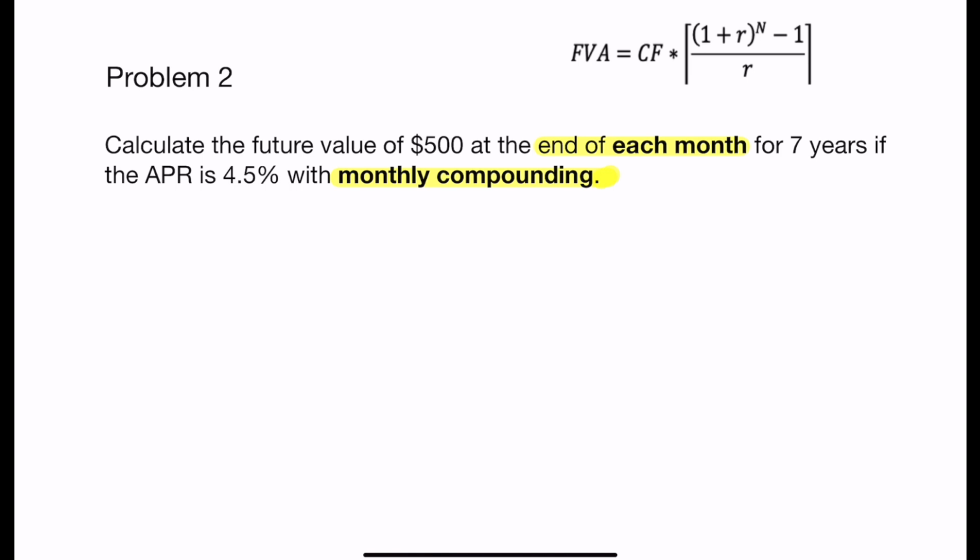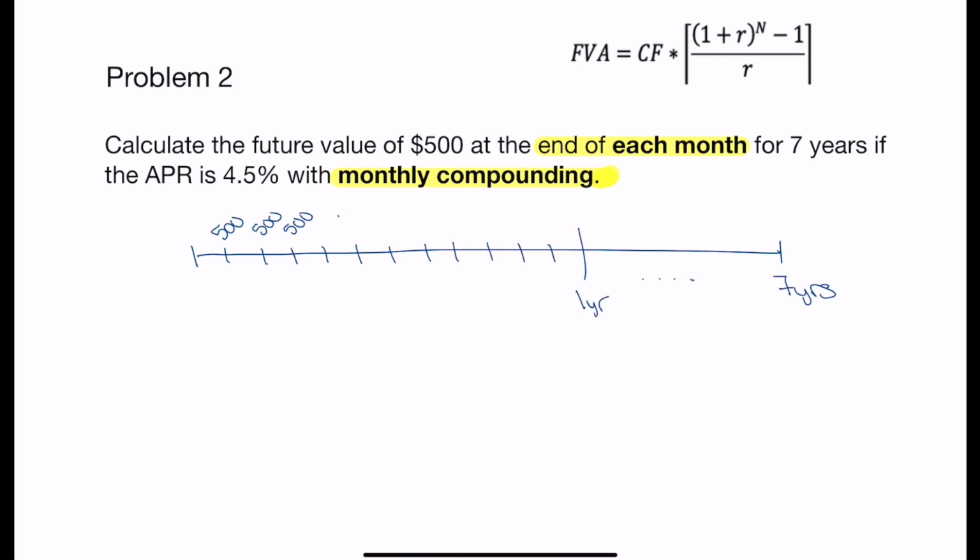If I think about a timeline that's zoomed in and goes monthly, I'm going to have $500 each month for a total of 7 years. Now I need to figure out the R value that's occurring monthly. That R needs to be the rate between cash flows, so my R needs to be a monthly rate.